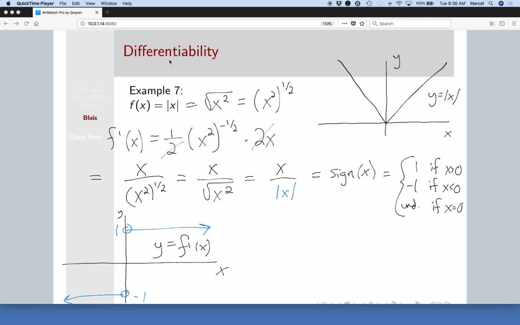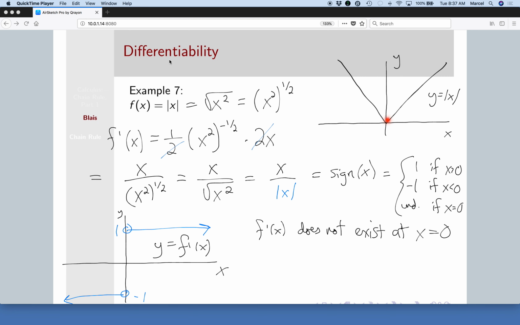And what we're noticing is that f prime does not exist at x equals 0. Which means our original function does not have a derivative at x equals 0. But it is continuous at x equals 0.